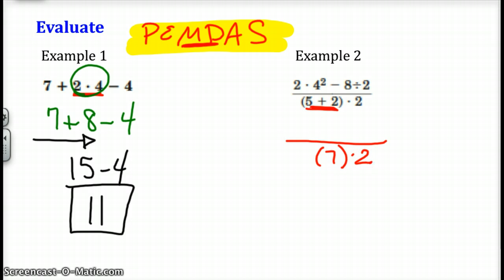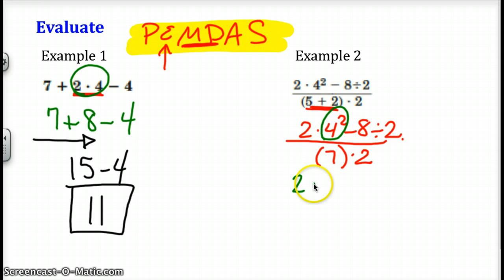On the top, I have 2 times 4 squared minus 8 divided by 2. Next thing I'm looking for is my exponents. And so I see my exponents are right here. So now I'm going to go 2 times 16 minus 8 divided by 2. You still have 7 times 2.